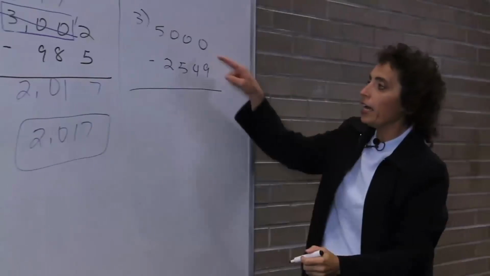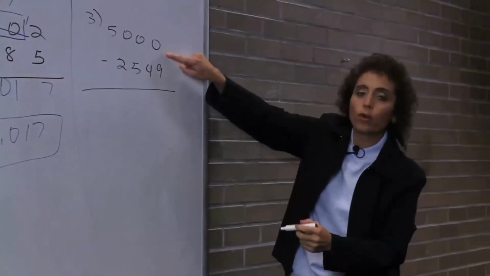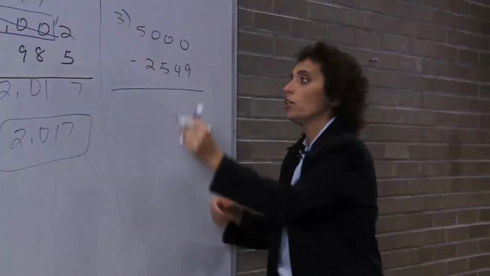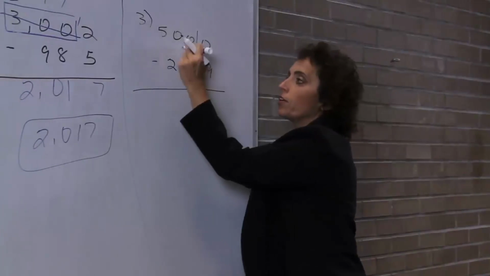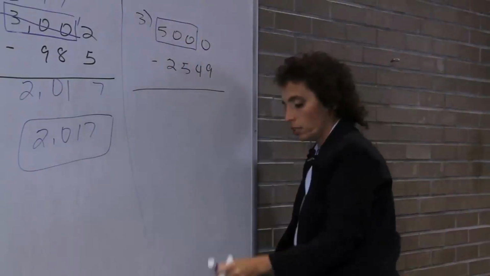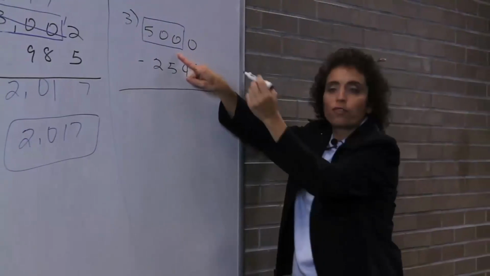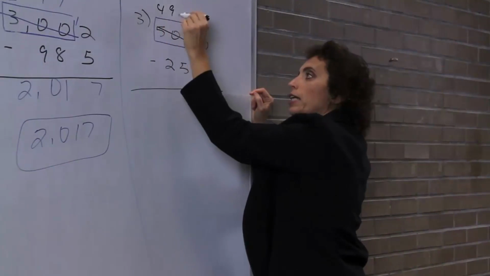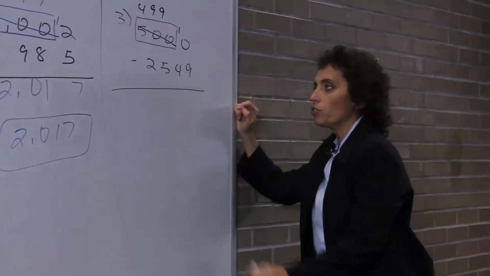Okay. Again, you can't take 9 away from 0, so I'm going to box in everything. I'm going to use a different color so you can see the box. You're going to box in everything until the first non-zero digit. So now you're actually borrowing from the 500. So 500 minus 1 is 499. Carry the 1, so now you have 10.